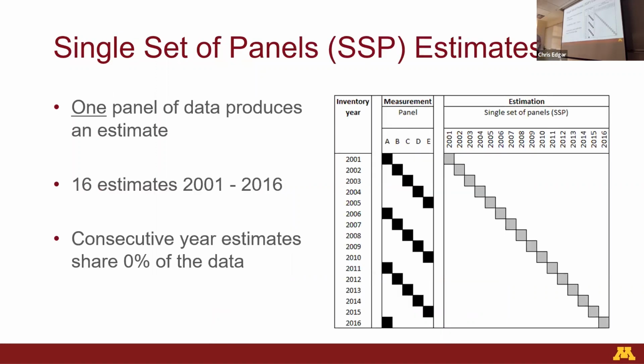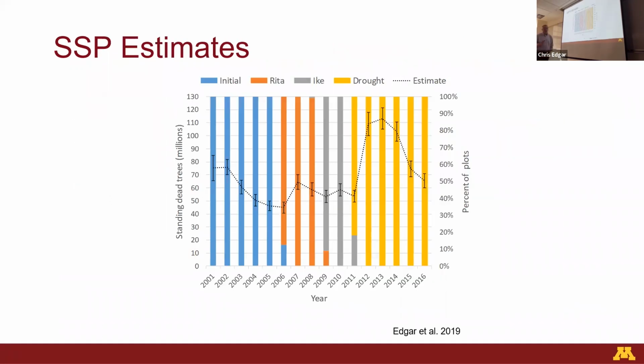Here are the panels in which we've measured, but rather than combining 5, I'm going to start producing estimates off a single panel every single year and see what's happening there. Now, when we look at consecutive year estimates, they don't share any data. It's all a brand new set of data until you get to 5 years later, then it's the same locations, but remeasured, which can create some issues in interpretation, but that's beyond what I want to cover.